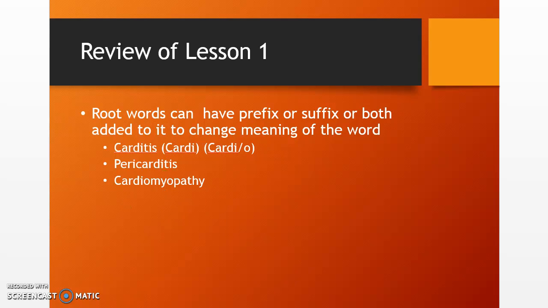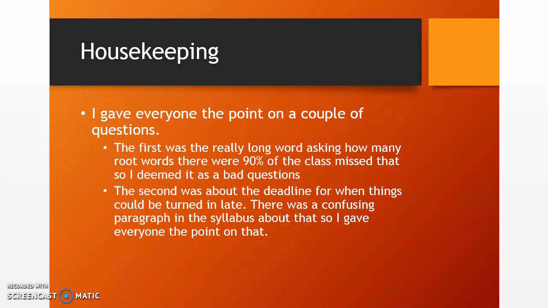So some follow-up on combining forms. A couple housekeeping items from week one. I gave everyone a point on a couple of questions. The first was a really long word that asked how many root words there were. I think probably 90% of the class missed it. So when I see that, I just say that's usually a bad question. So I gave everybody a point in order to equalize across that question.